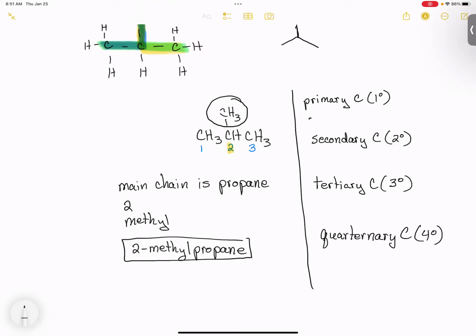They actually told you one way to recognize it in the background, and they based it off of how many carbons it is attached to. I'm going to do something else. I find that it's actually simpler. How many hydrogens are on it? A primary carbon will have 3 hydrogens.